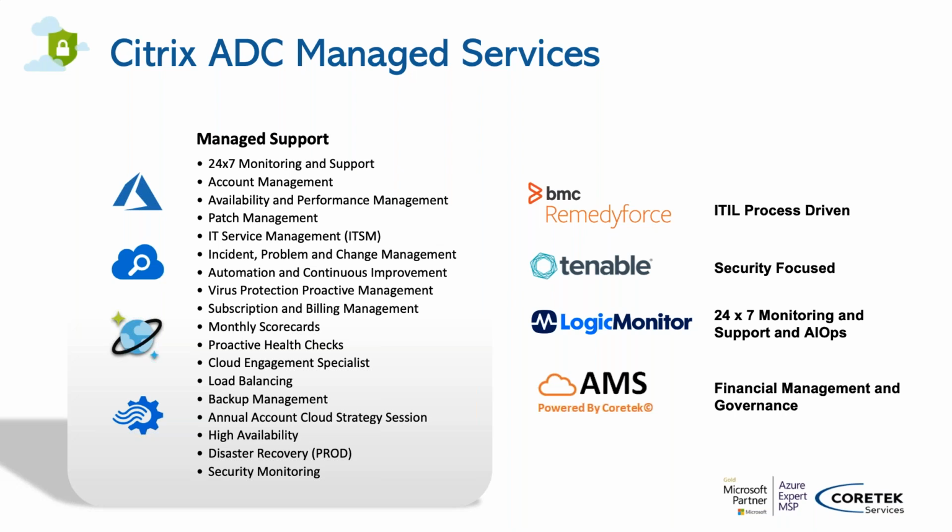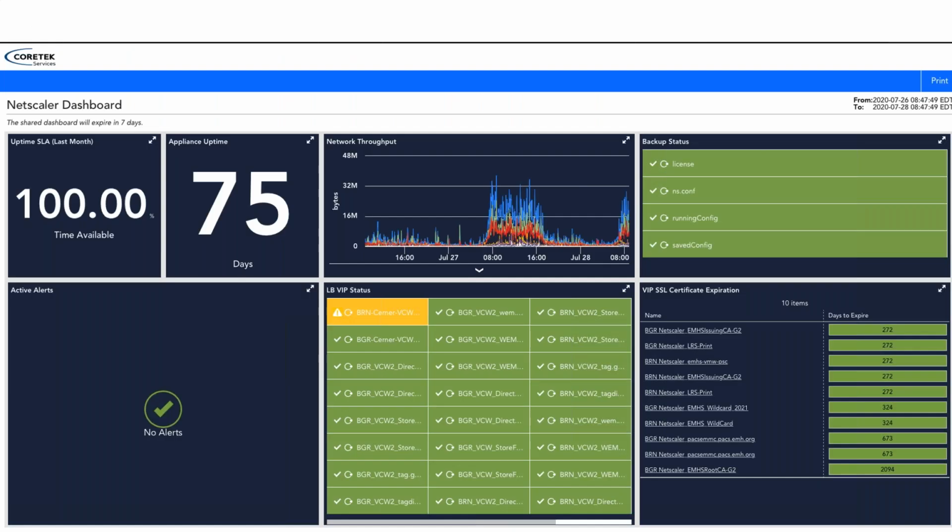And I wanted to show you an example of Logic Monitor. So in this screenshot of Logic Monitor here, we're actually able to see at a quick glance our uptime SLAs, our appliance uptime, specifically how long has this ADC been up for.